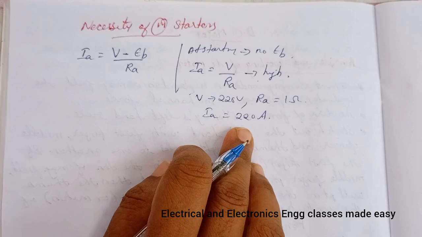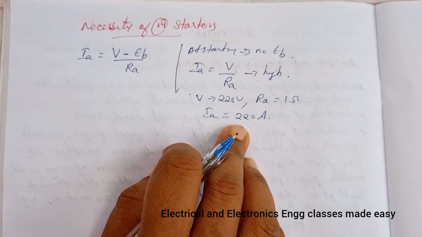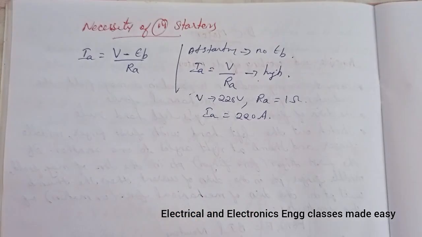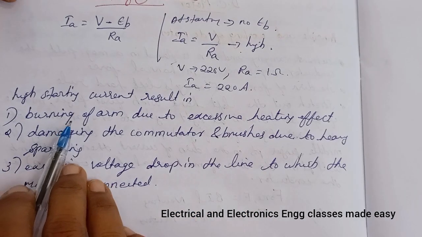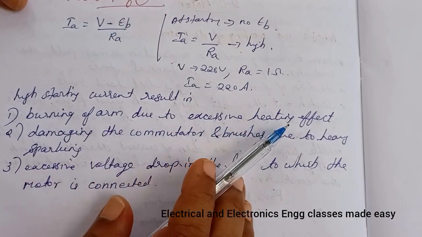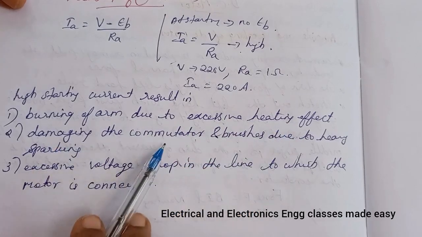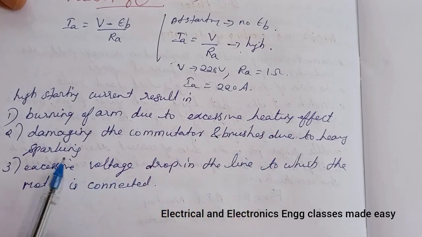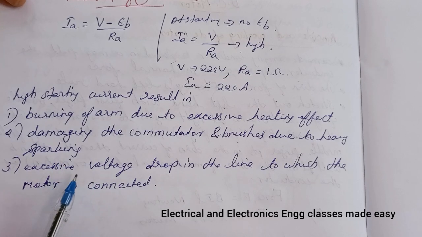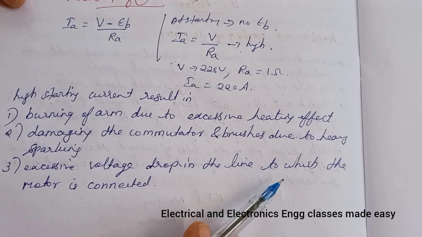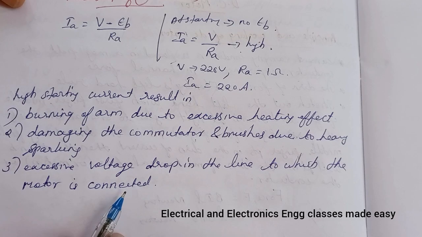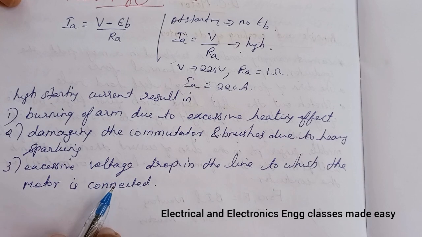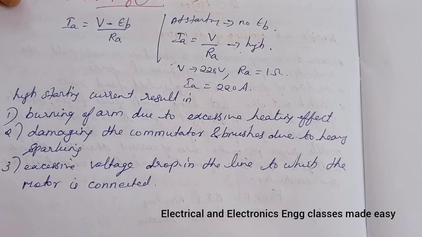That is very high starting current, and this starting current may result in burning of armature due to excessive heating effect, then damaging the commutator and brushes due to heavy sparking, and excessive voltage drop in the line to which the motor is connected. In order to avoid heavy starting current, a variable resistance known as starting resistance is inserted in series with the armature circuit.